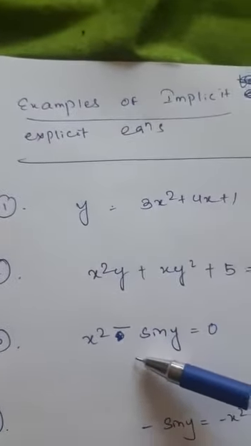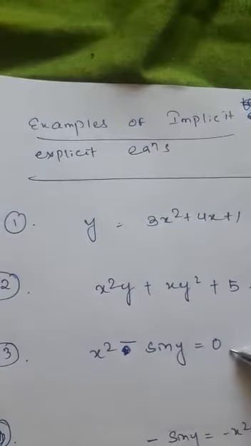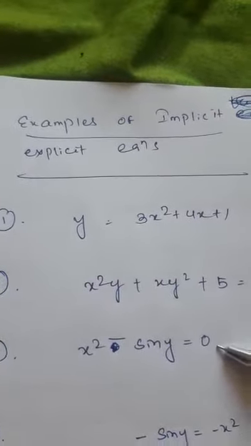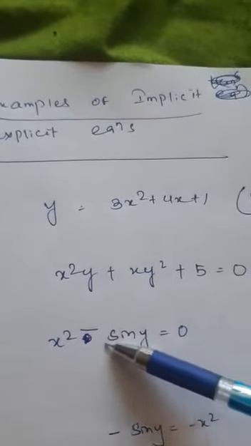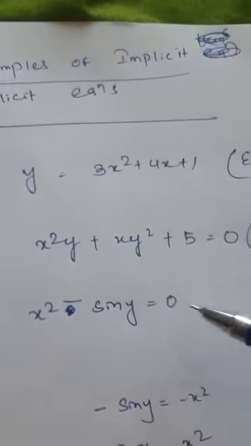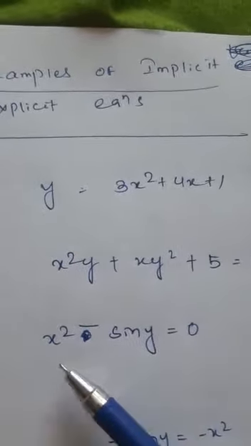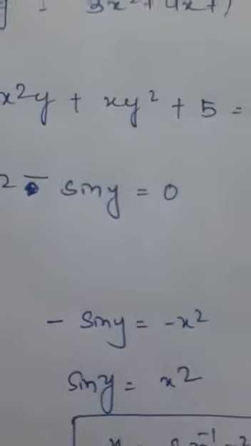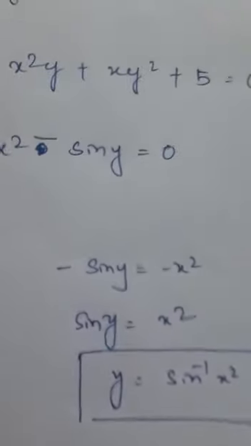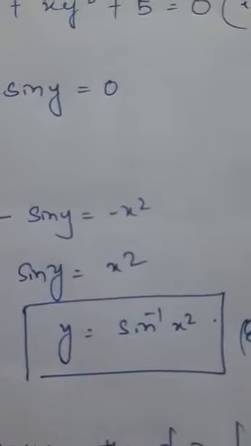Next, let's consider the third case, x square minus sin y equal to 0. It seems to be written in implicit form, but see, take x square to the other side. Minus sin y is equal to minus x square. Sin y equal to x square, and y equal to sin inverse x square.